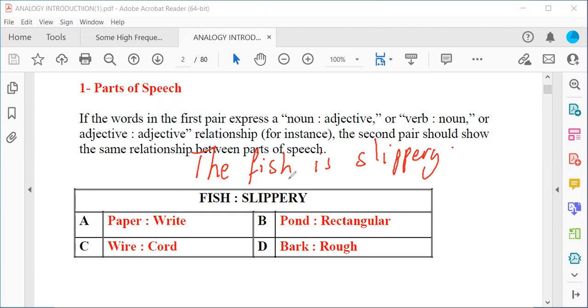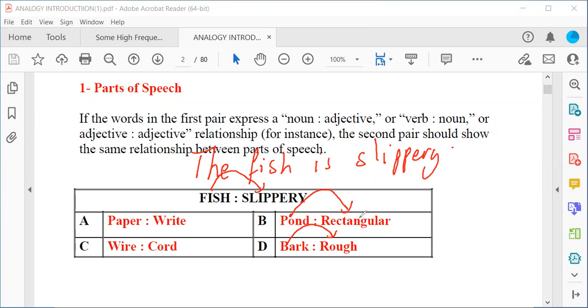Now what to do here? We have to go over the choices and see the same relationship. Pond is rectangular and bark is rough. Both have the same relation.